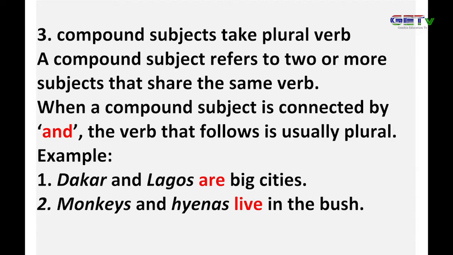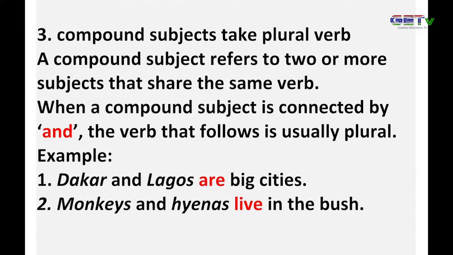Example 2, monkeys and hyenas live in the bush. You have two subjects here, monkeys, and another subject, hyenas. The verb also will be plural. So this example, I want you to look at it very well.